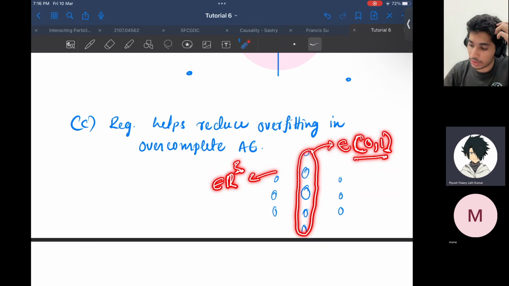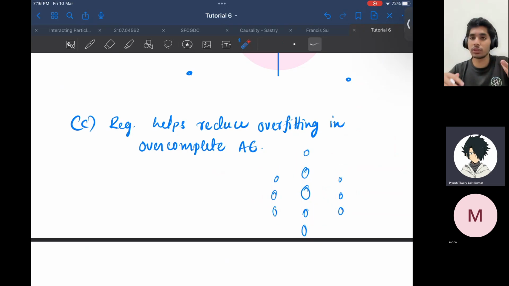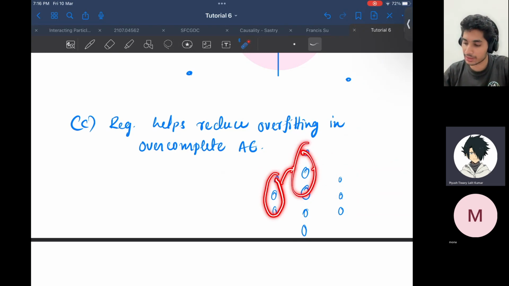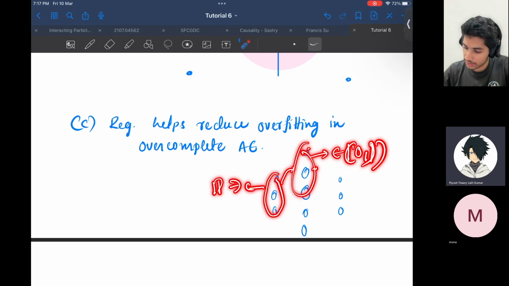If you add some regularization like this, you cannot simply copy paste, because these values can only be between 0 and 1, while these belong to the real line. This is not possible anymore if you add some regularization.